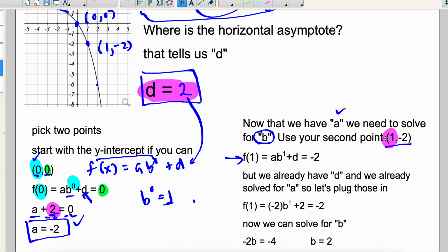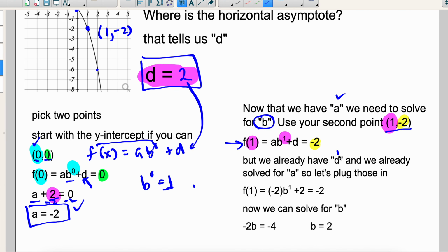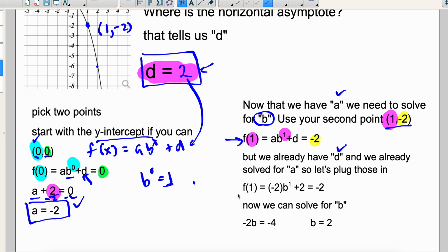So I have my x value is 1. Okay, so if I plug in 1 for x, my y value is -2. I'm going to plug in -2 for y. All right, but I know I already solved for d. d is 2, so I'm going to plug that in down here. I put a 2 in for d. And I know I've already solved for a over here.